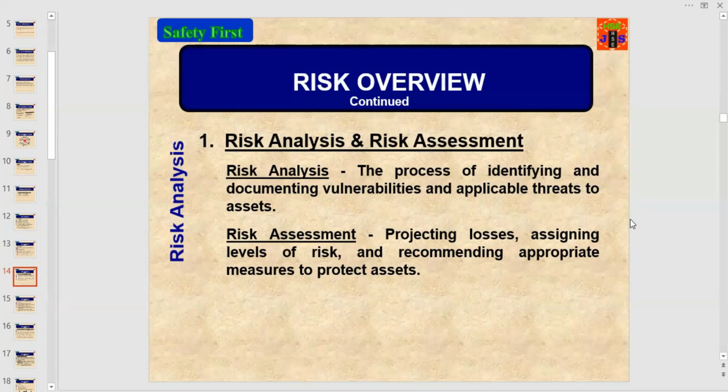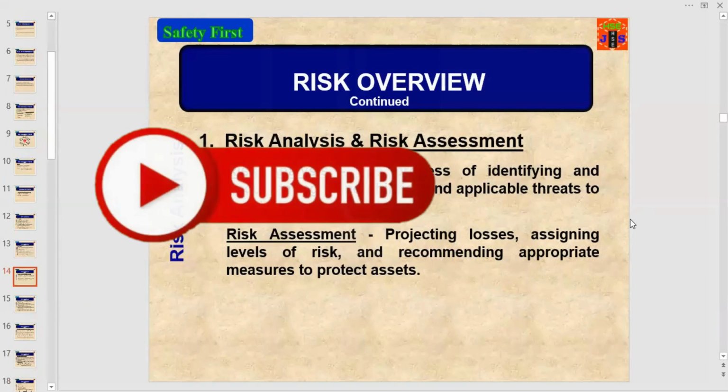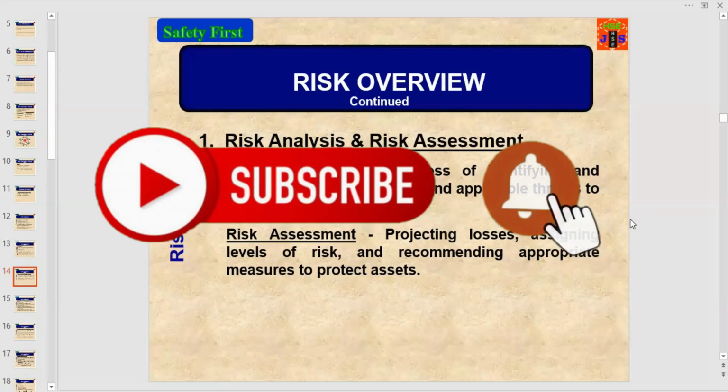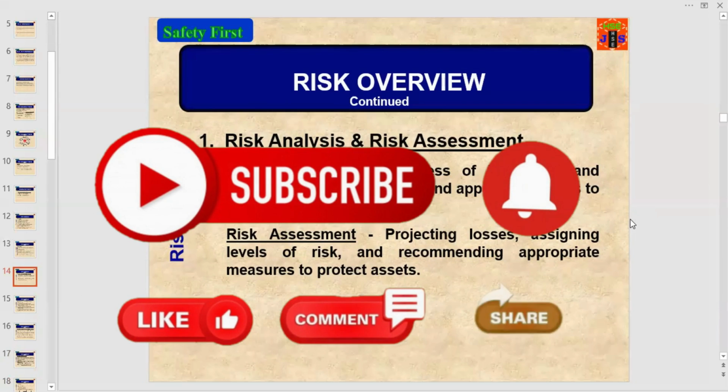Risk analysis is the process of identifying and documenting vulnerabilities and applicable threats to assets, while the risk assessment is projecting losses, assigning levels of risk, and recommending appropriate measures to protect assets.